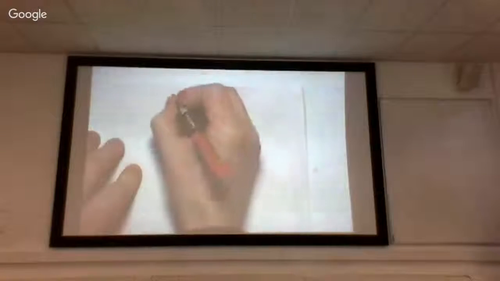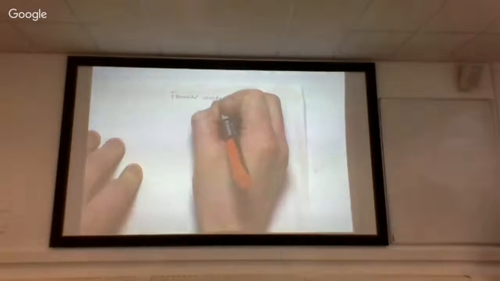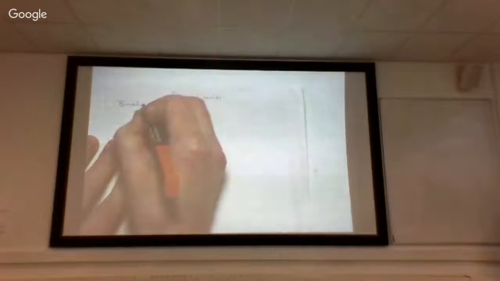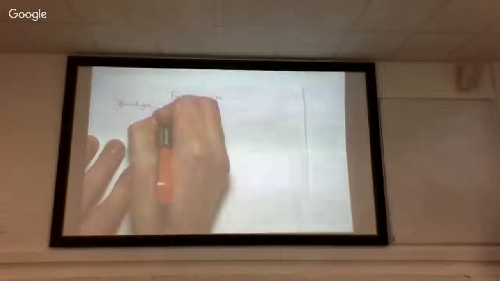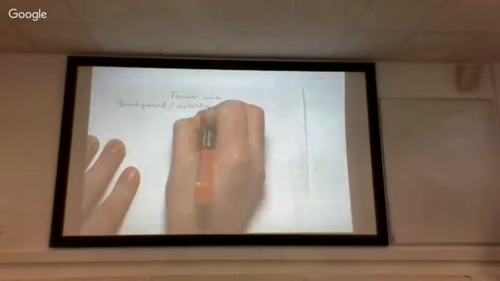It's important, when you're meeting new concepts like this, to connect them back and see where they're coming from. So this is the Fourier series chapter, and here is some background and motivation for it.